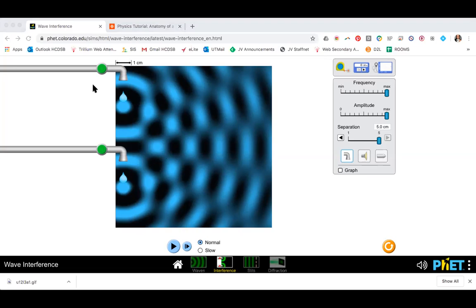So here's where the calculations come into play. For two point sources with the same frequency and amplitude that are in phase, the nodal lines are destructive interference. Each line is a hyperbola, and the pattern is symmetrical about the right bisector.